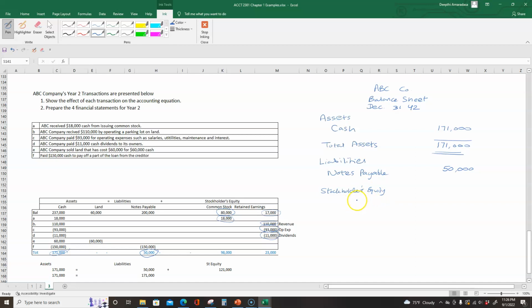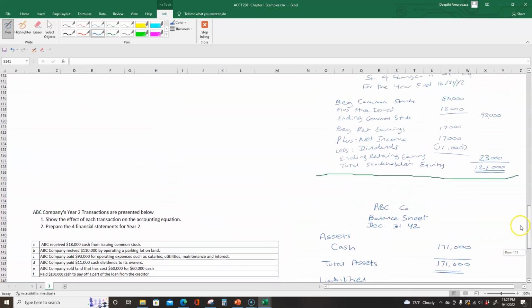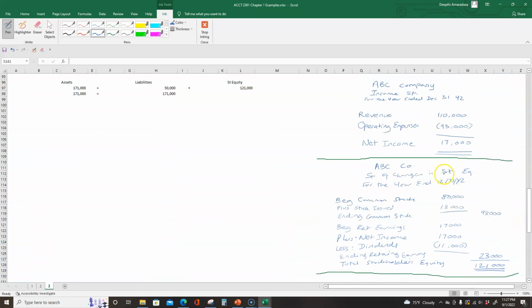Stockholders' equity has 2 things, common stock and retained earnings. Let's always list common stock first. Common stock had an ending balance of $98,000. Now you see it here, but I do want to show you that typically we would be getting that information from the statement of changes in stockholders' equity.